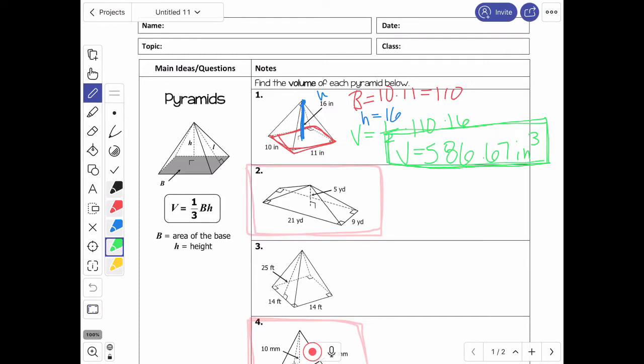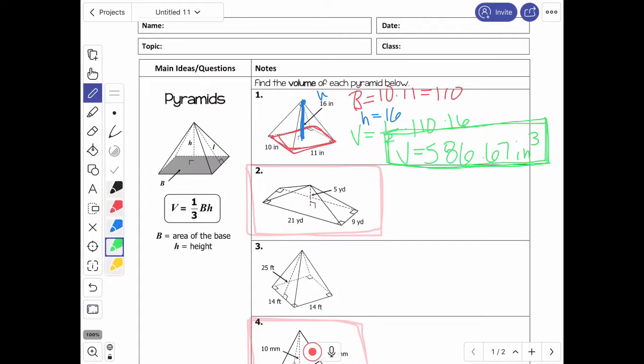Okay, so really easy. I think the thing that's tripping us up the most with the other problems is trapezoids. We don't like finding the area of trapezoids, which I can understand. Those are probably the hardest. But again, I just found the area of my base, multiplied that by the height of the pyramid, and then, oh, I just realized I made a mistake.